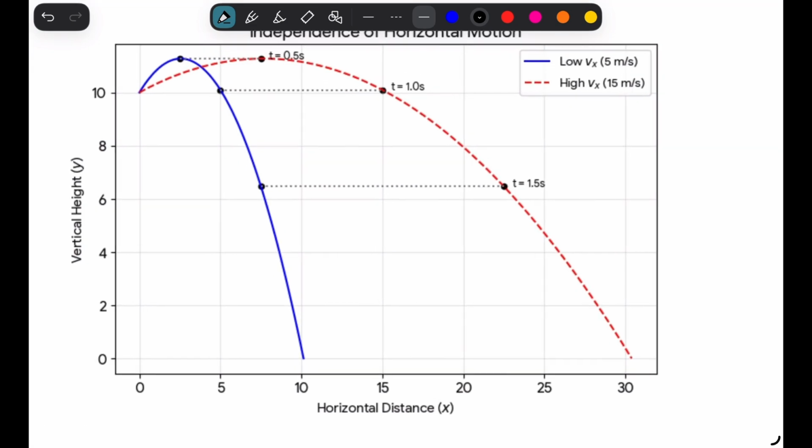Now, we're going to see that at the times t is equal to 0.5 seconds, t is equal to 1.0 seconds, and t is equal to 1.5 seconds, we're going to have the same amount of height for this entire motion, but the horizontal distance is the only thing that is going to vary with these different initial vx's. However, the time is still going to correspond on each of the curves. Therefore, it's still going to take the same amount of time for these two curves to land, even given that the vx's are different.